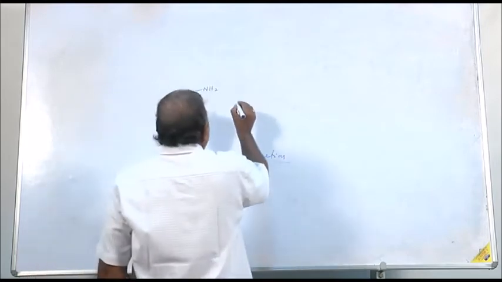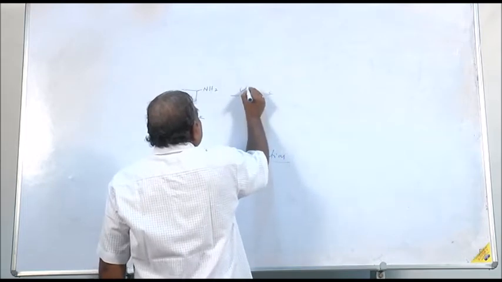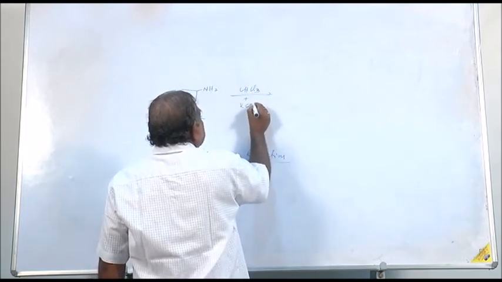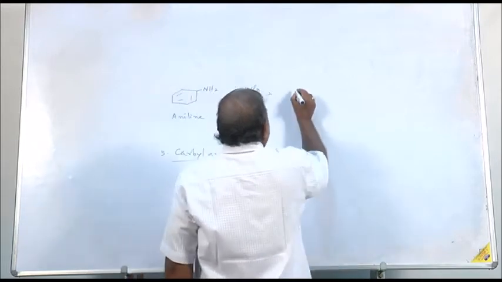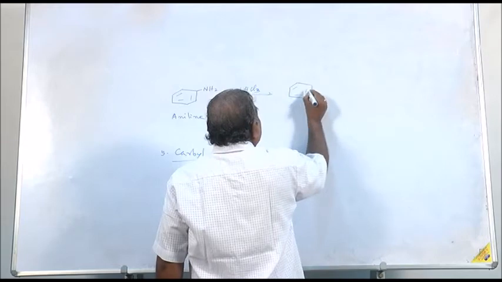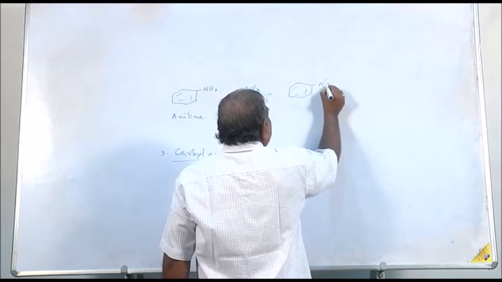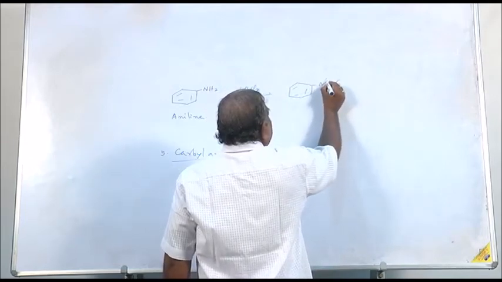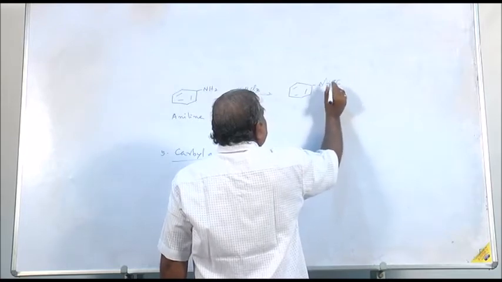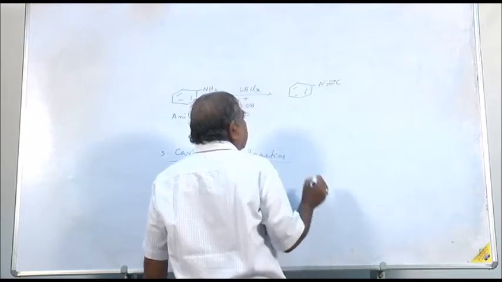Aniline reacts with chloroform and potassium hydroxide. You will get, remember CN is cyanide, NC, there is a coordinate bond from nitrogen to carbon.